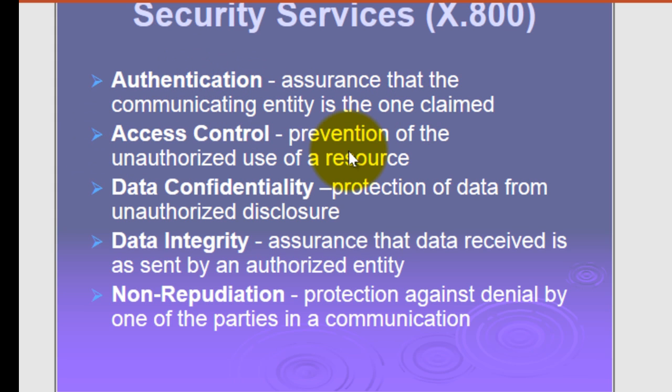Access control. Access control is the prevention of unauthorized access to your system. Usually you will see this access control in a college also. The administrator will give different privileges to different people, so different people will have different access rights. That is called access control.